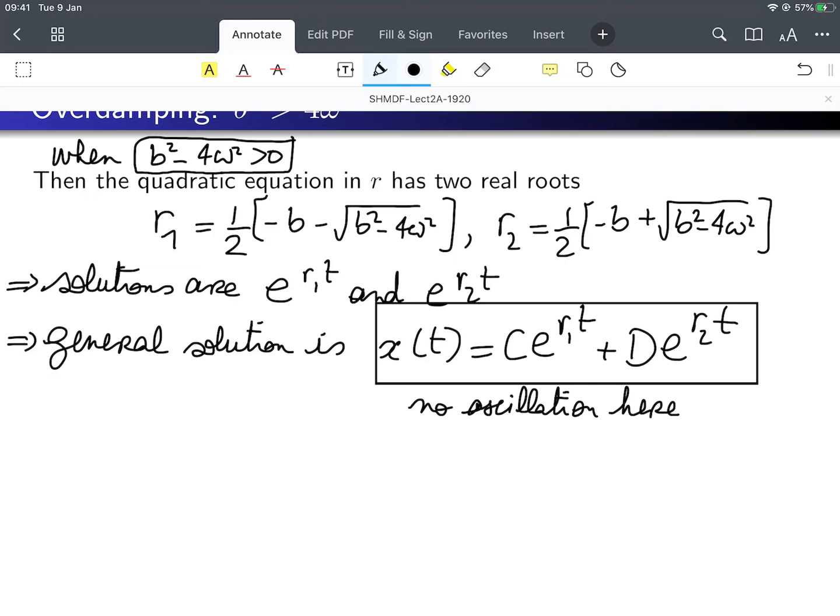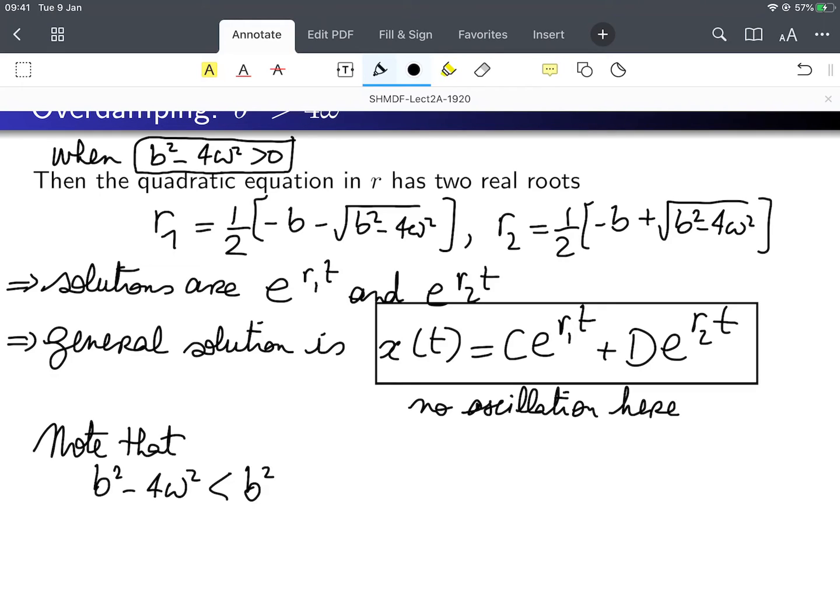And another thing you notice is that b squared minus 4 omega squared is less than b squared. Yeah? b squared is a positive number. If I subtract 4 omega squared, I'm going to end up with something less than the b squared.